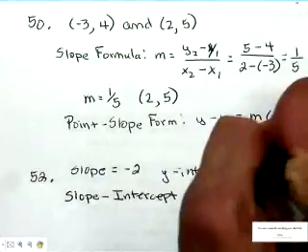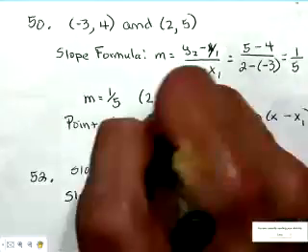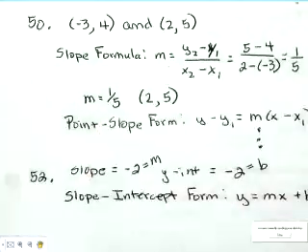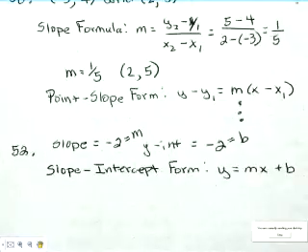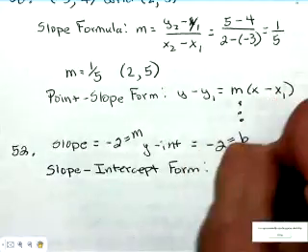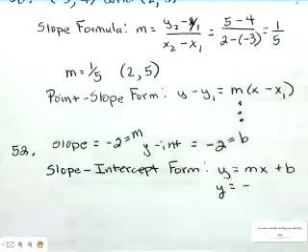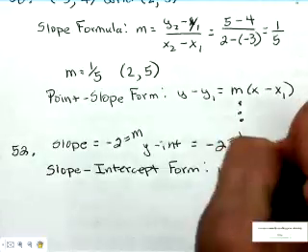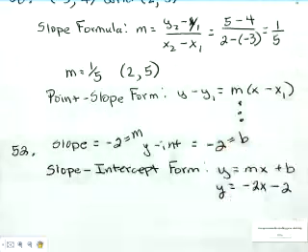The y-intercept is your b. The slope is your m. So what's the equation of that line? Y equals what? Yeah, y equals -2x minus 2. I put -2 in place of the m and -2 in place of the b.